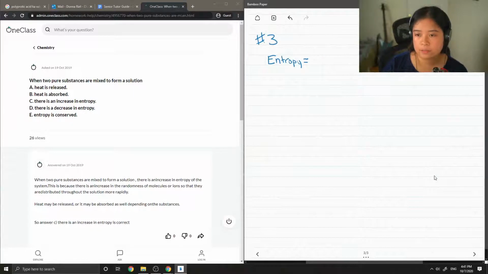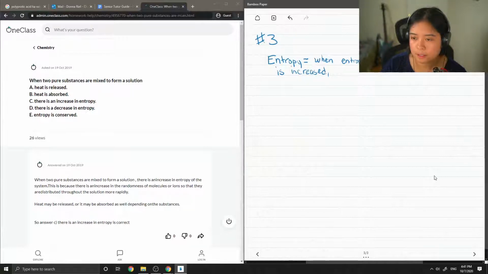Okay, so if you don't remember what entropy is, basically when entropy is increased, there is an increase in randomness.